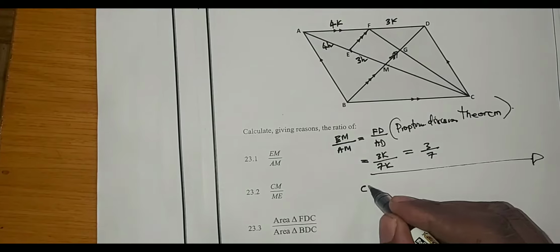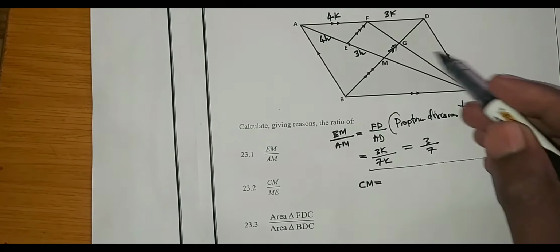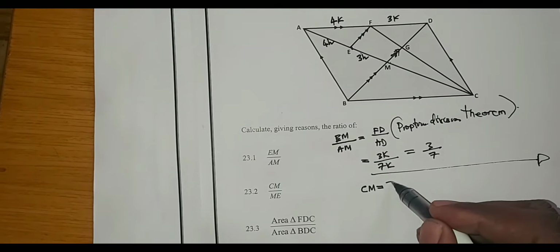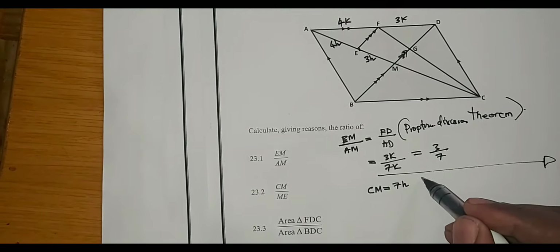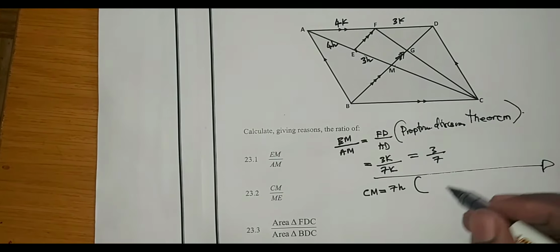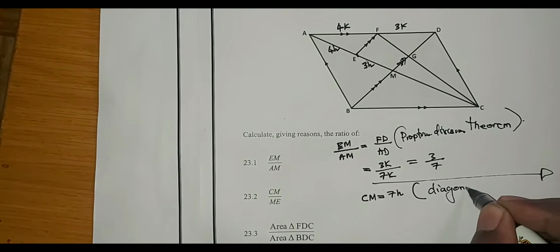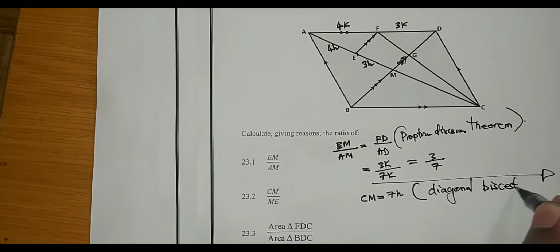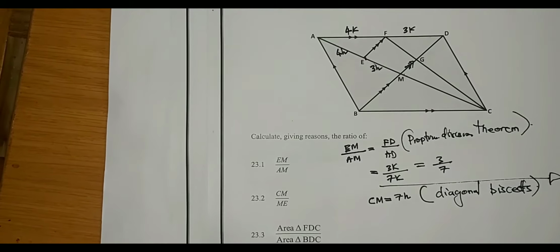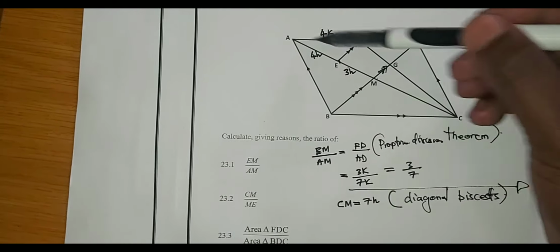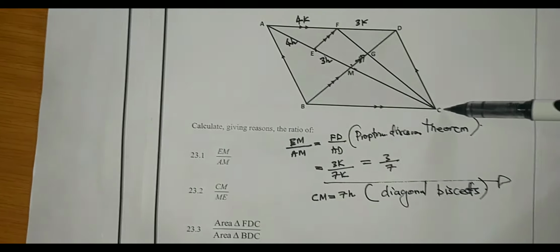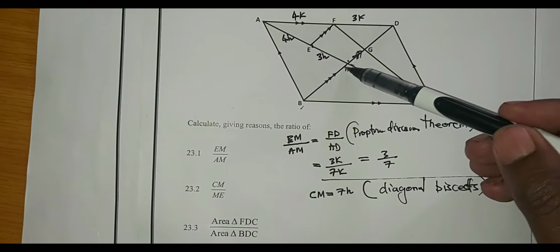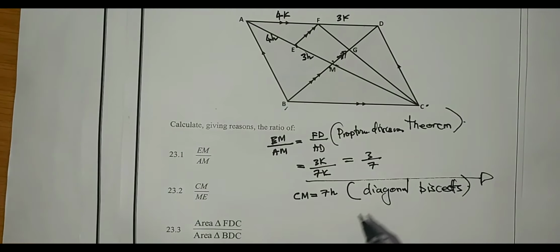CM is equal to 7H. The reason being that the diagonals bisect. Diagonals bisect because it's a parallelogram. So which means AM equals MC. The same applies, BM equals MD.